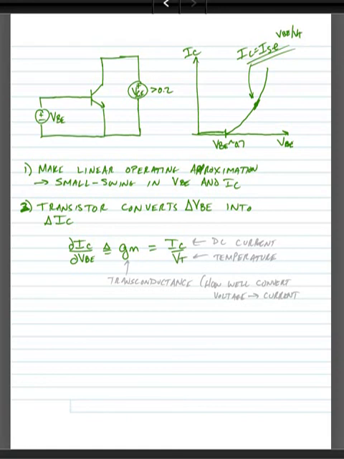So what we see that's interesting here is that the transconductance, or the ratio of how well the device converts voltage to current, is only dependent upon the DC current and the thermal voltage, which only depends on temperature.